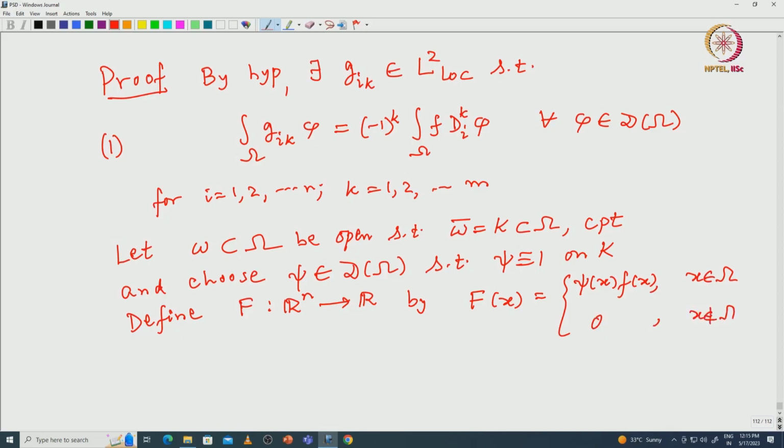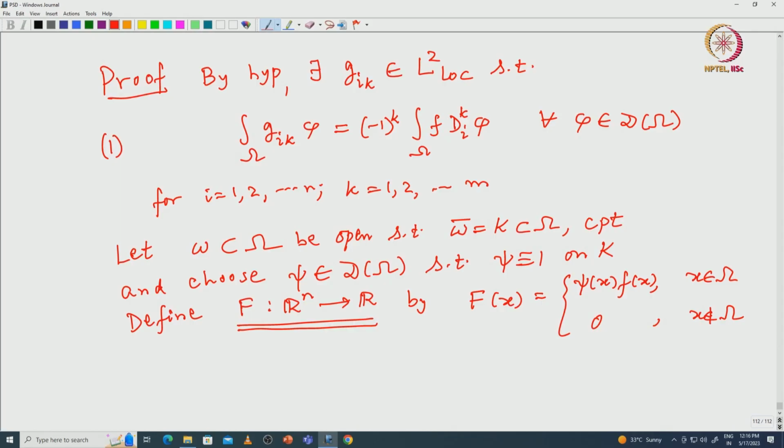Okay. So, we are able to define a function on the whole of R^n. So, we can make use of the Fourier transform, etcetera. Okay. So, from a local thing we are getting a function on R^n.